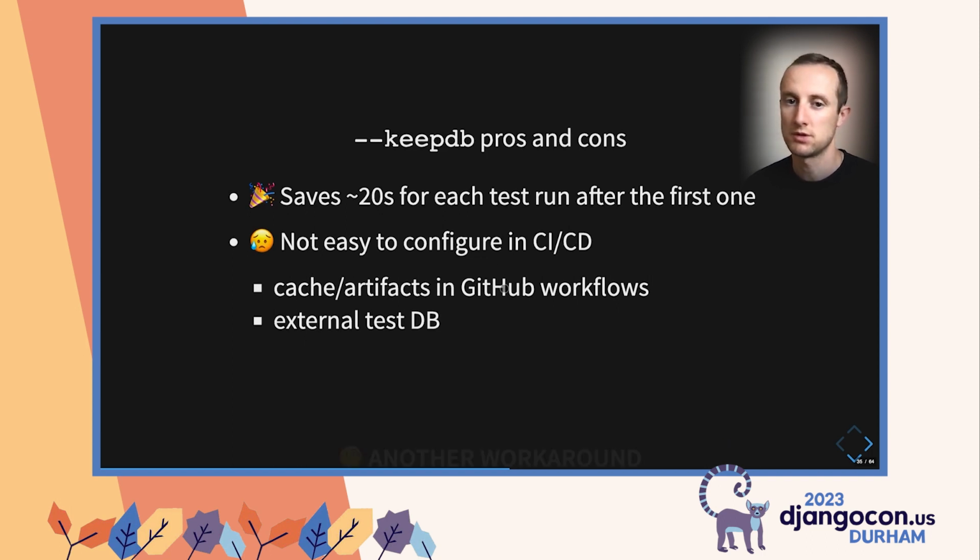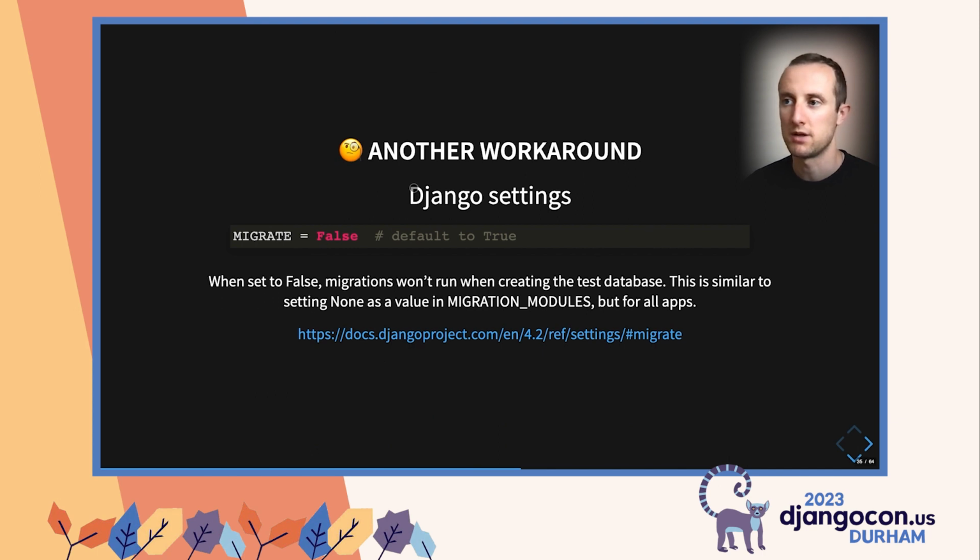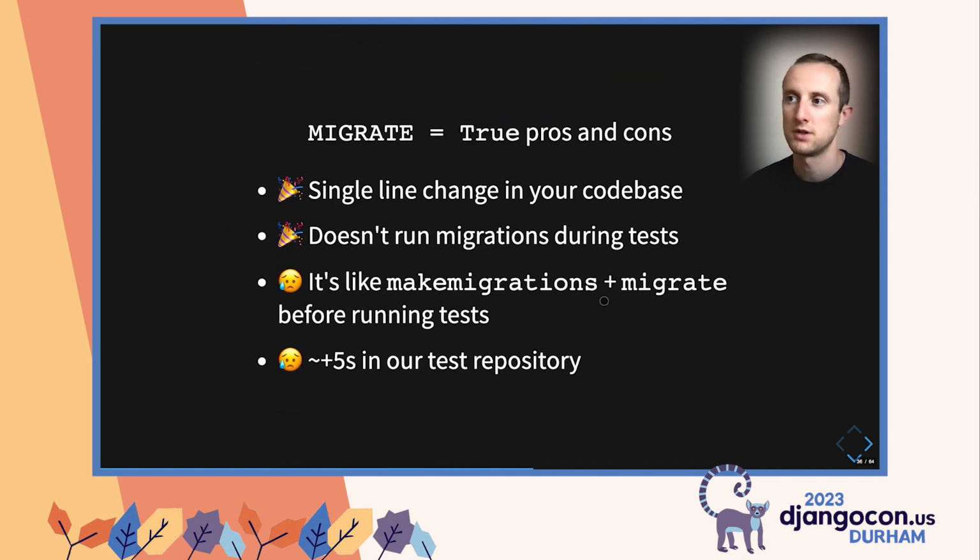Another workaround can be MIGRATE equal False. By default it is True. When you set this to False, migrations won't run when creating the test database. This is similar to setting None as value in MIGRATION_MODULES, but for all applications. So that's also a good solution. A single line change in your code base, and it doesn't run migrations during tests.